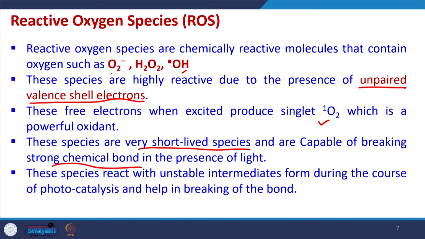So, these species react with unstable intermediate compounds or any other parent compounds during the course of degradation. An example could be photocatalysis or any other AOP. They may work depending upon the type of AOP. So, this is how the system works.